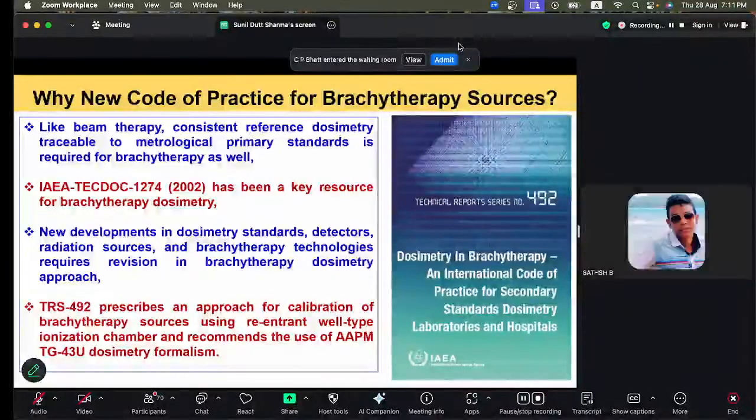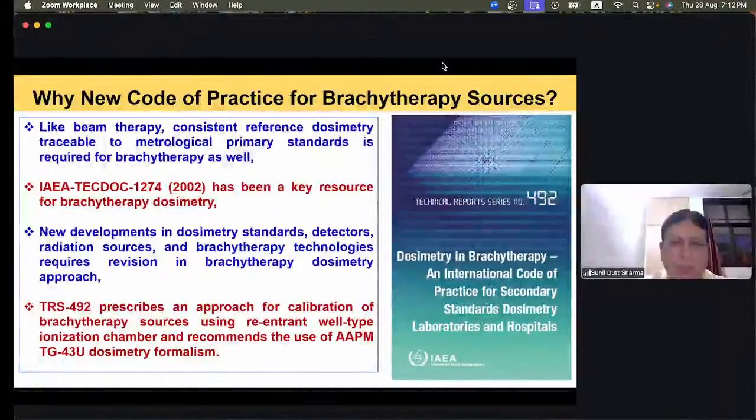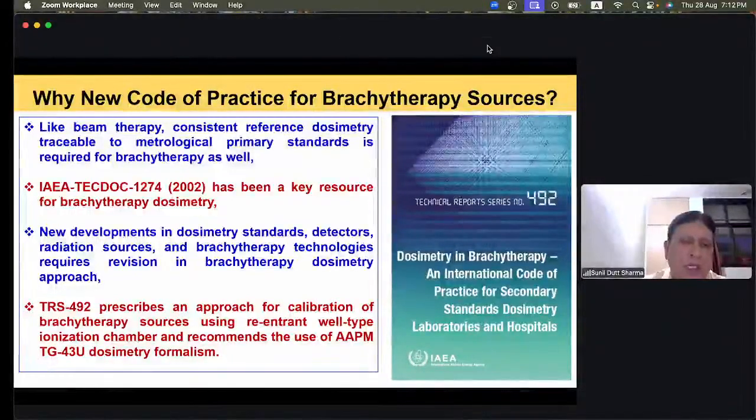So in summary, TRS 492 prescribes an approach for calibration of brachytherapy sources, recommending the use of a reentrant type, bell type ionization chamber, and recommends the use of the AAPM TG-43 dosimetry formalism. TG-43 means this updated dosimetry formalism, which was published in Medical Physics by Rivard et al.